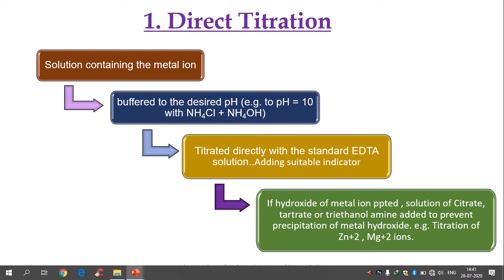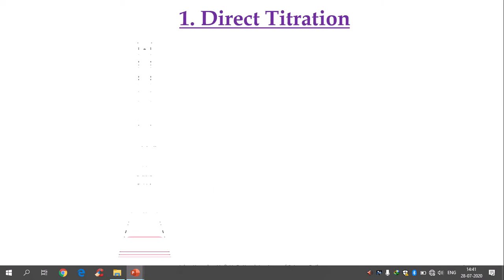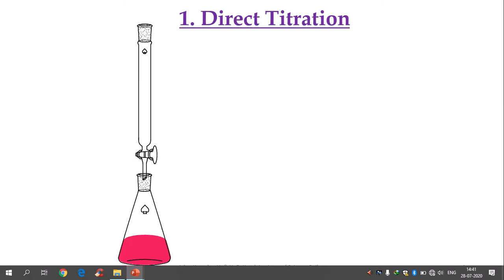So before titrating with standard EDTA solution, if the metal ion is precipitated in its hydroxide form, then any of these solutions like citrate, tartrate or triethylamine can be added so that metal hydroxide precipitation is prevented. So here we see the direct titration method.